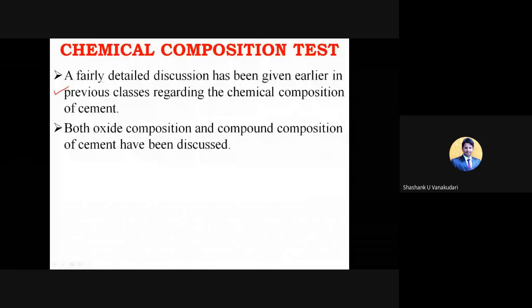That table we need to check by taking the cement sample. Both the oxide compositions and compound compositions of the cement have been discussed, and ultimately it is going to provide CSH gel along with calcium hydroxide.